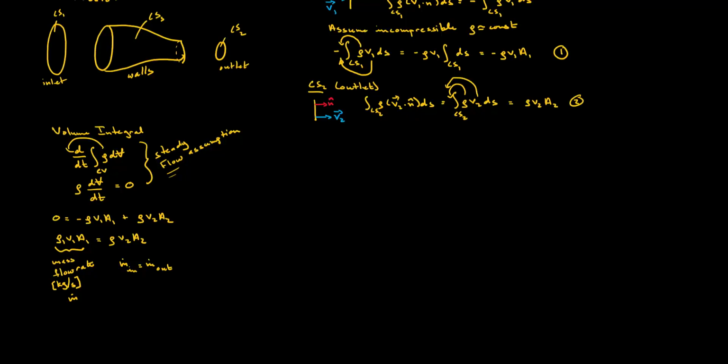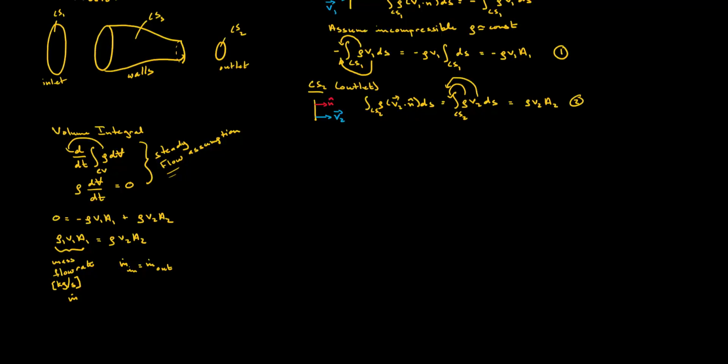And this is a very important finding, and perhaps it is a bit intuitive, right? If we are saying that the time rate of change of the mass inside the control volume is equal to 0, there's no change in mass inside the control volume, then you would expect that whatever is coming in must come out.